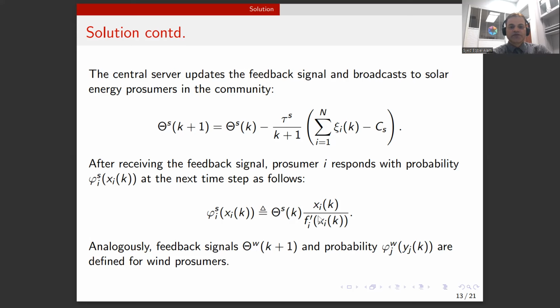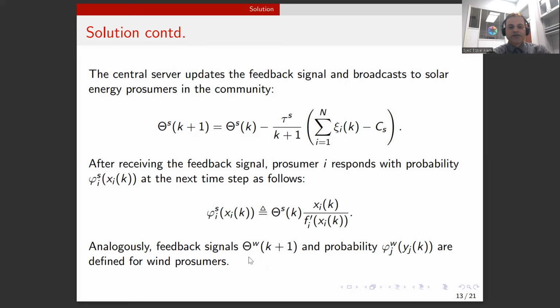These equations are similar: theta_w is similar to theta_s^(k+1), and phi_j^w is similar to phi_i^s.